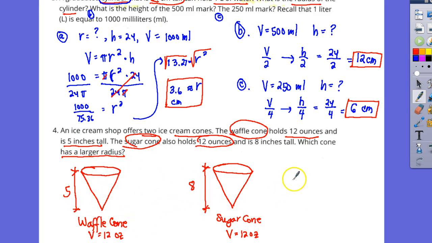So the answer would be the waffle cone. The waffle cone has a larger radius. Because for them to have the same volume, and this one is shorter, this has to have a wider mouth, right? So they will have the same volume. Okay, the next one.